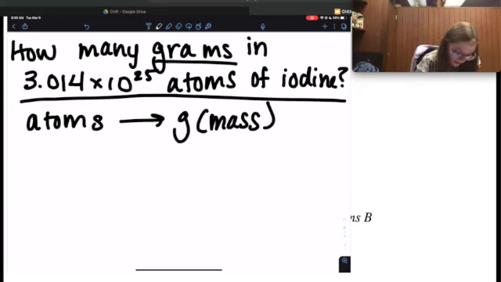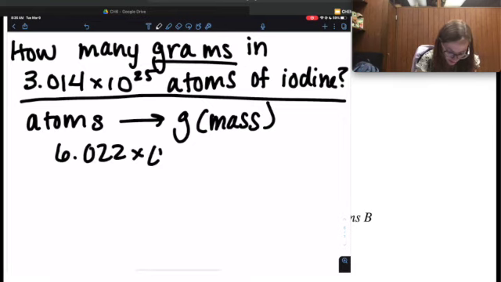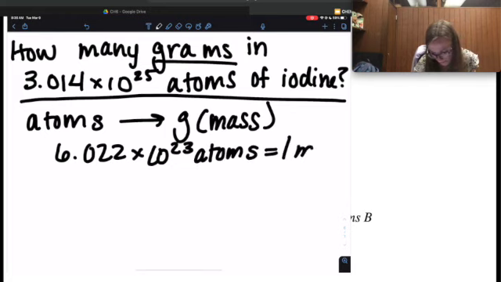but I do know how many atoms are in 1 mole. I know that there are 6.022 times 10 to the 23rd atoms for every 1 mole. And I also know that I can relate moles to mass. I can relate grams to moles using the molar mass.